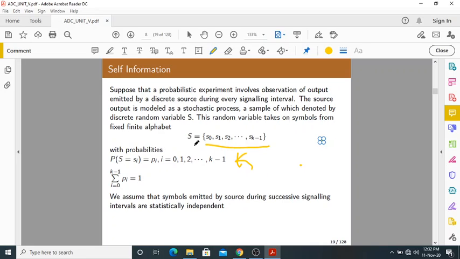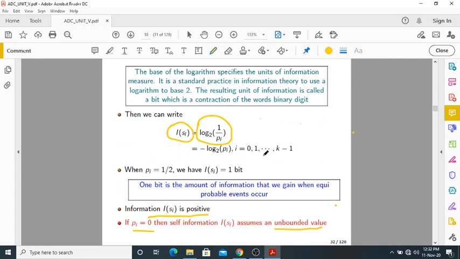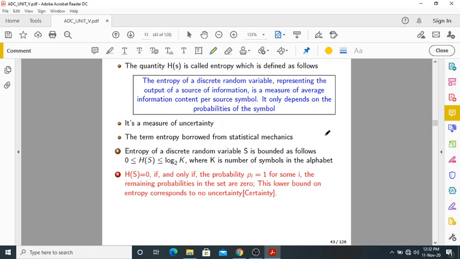Now you are finding the entropy of a source which contains k symbols whose probabilities of occurrence are P0, P1, P2, and so on up to Pk minus 1. For that source, the bounds of the entropy are 0 to log k base 2.